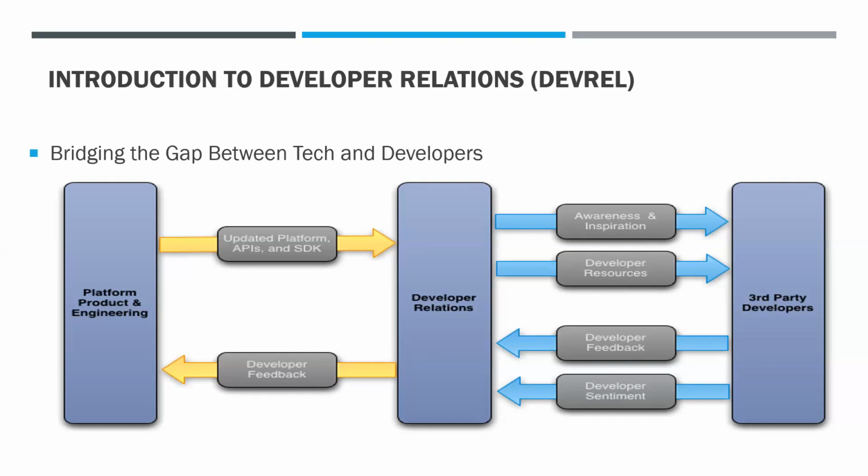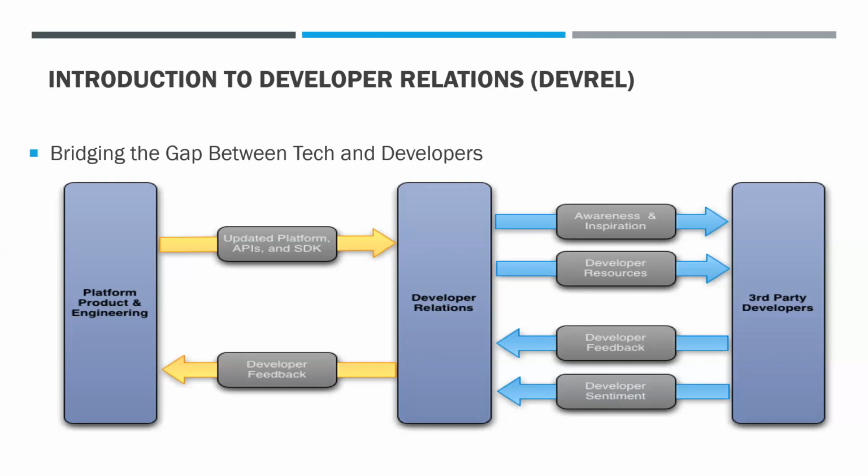Oh, this product you released is not so clear. There are some issues. The developers are having some bugs that need to be fixed. Is the one that gives sentiment. Do you get? So the developer relation engineer is very, very important. I think far back in 2017, that's when the popularity started coming in.